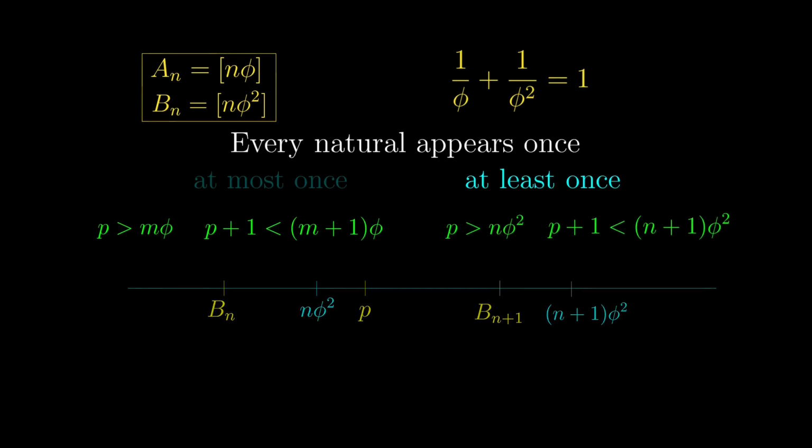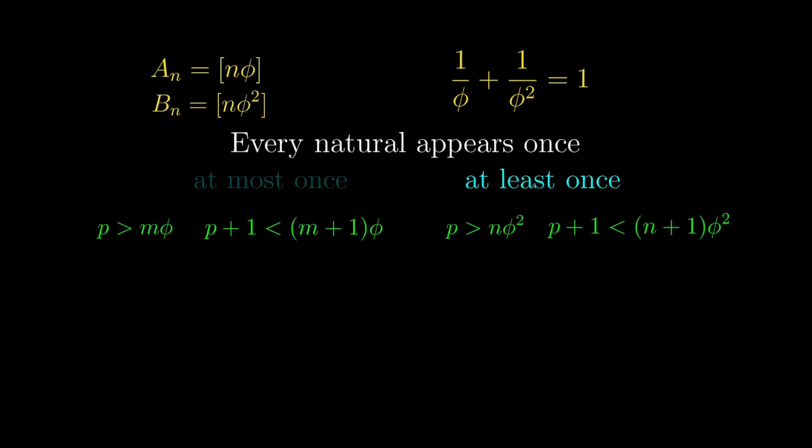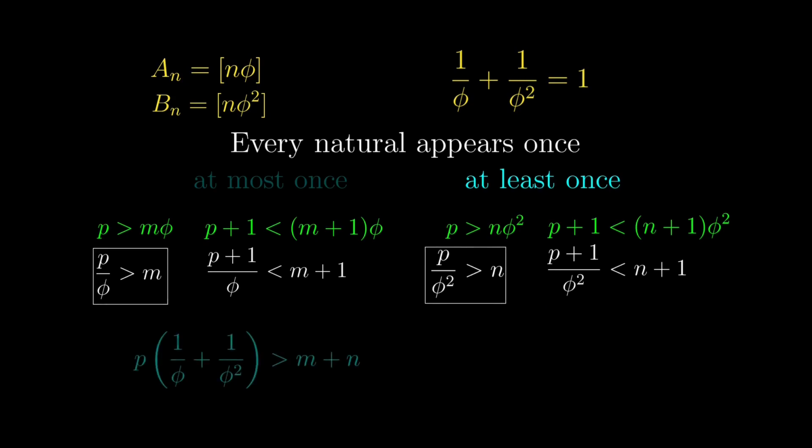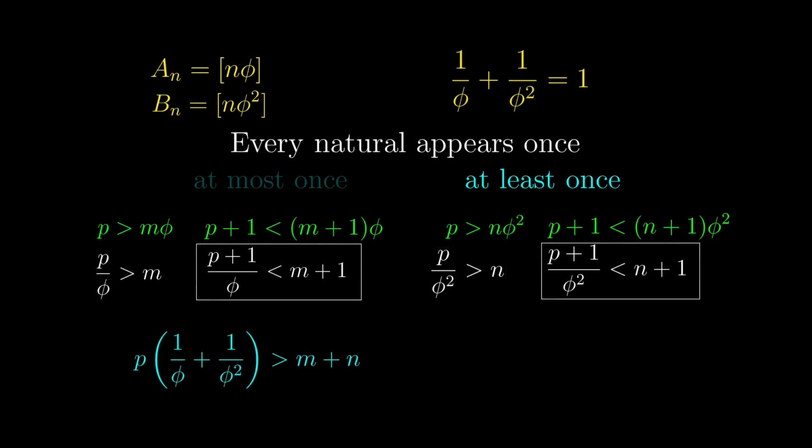Then what we will do is very similar to what we did before, which is to divide the inequalities by phi and phi squared. Adding this pair of inequalities, we have this blue inequality. If we instead add another pair of inequalities, we will have this inequality instead.